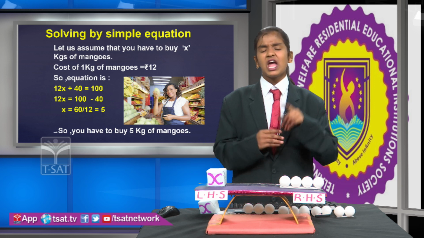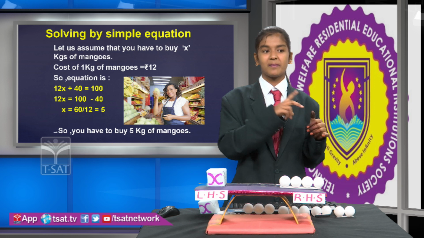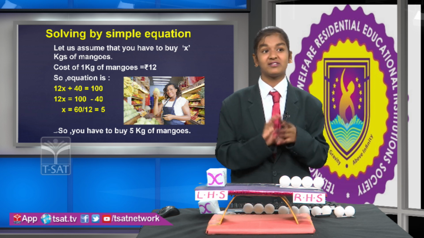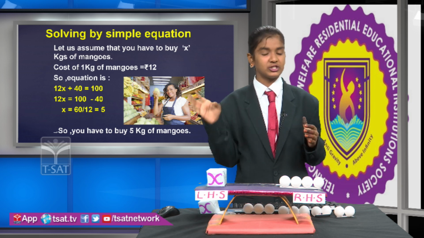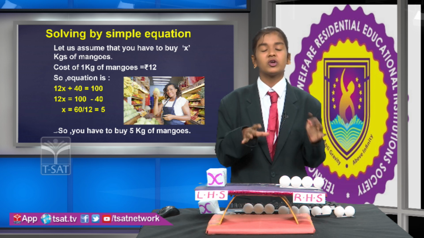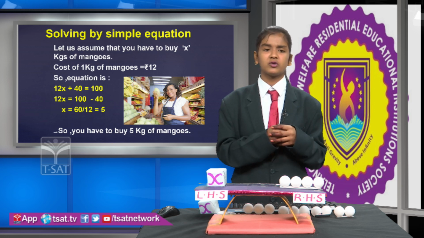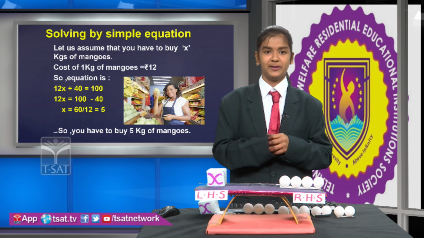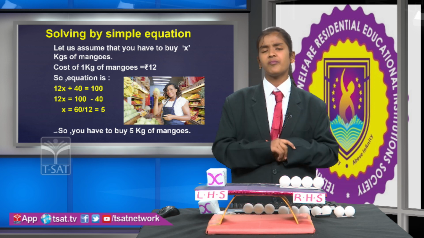And next, friends, at the beginning I told you a situation in which you go to the market, and your mother gave you rupees 100 and said that you can keep rupees 40 for buying chocolates and with the remaining amount you need to buy mangoes. So friends, we don't know how many mangoes we should buy and that is your problem. So let us assume that you have to buy x kgs of mangoes.